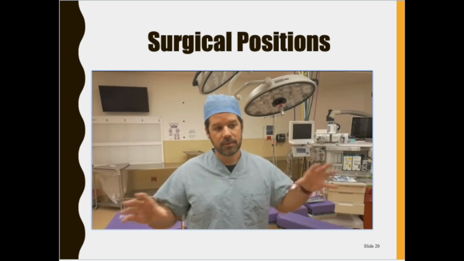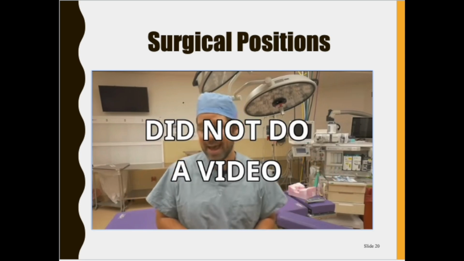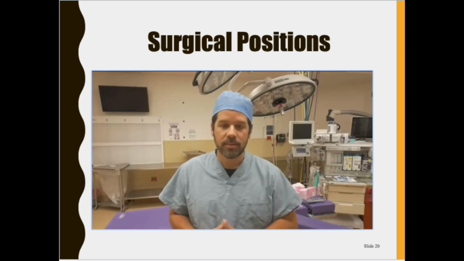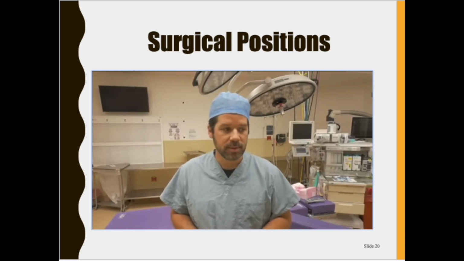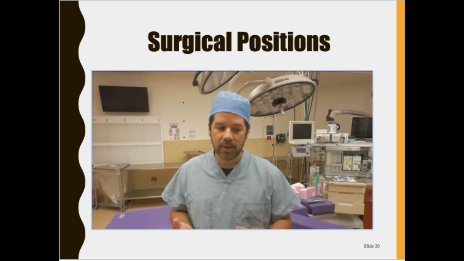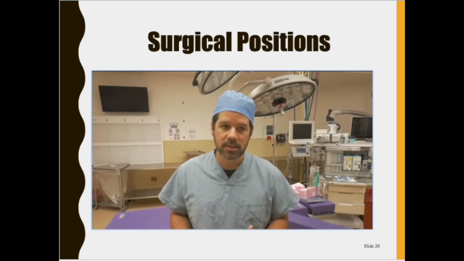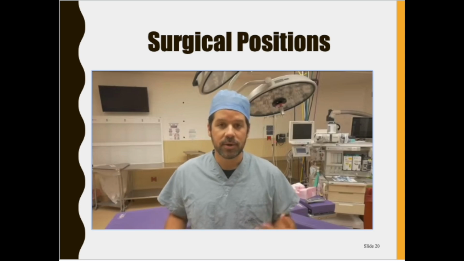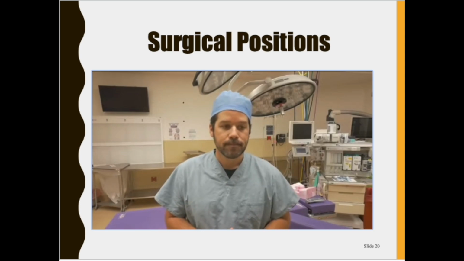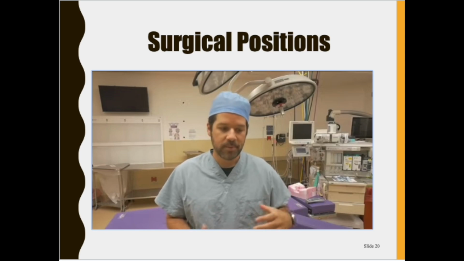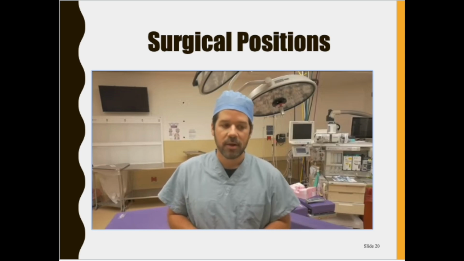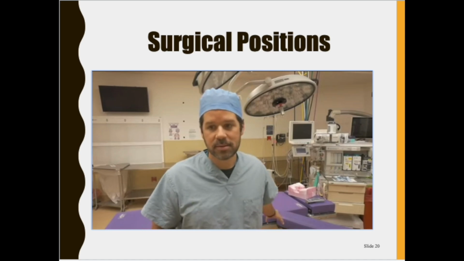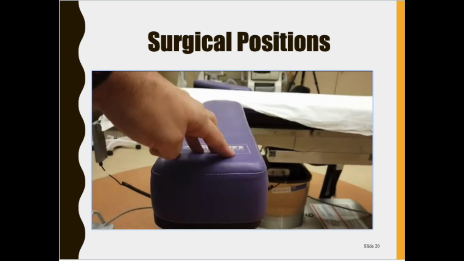Here's a little video of some patient padding devices that we utilize. I kind of touched on them when I was talking about the positions, but mainly we're trying to pad bony prominences that might be injured, as well as nerves that might be injured, like the ulnar nerve around the elbow. So we just have to ensure that we pad all those types of places. And the padding on these OR tables is super thick, super squishy.